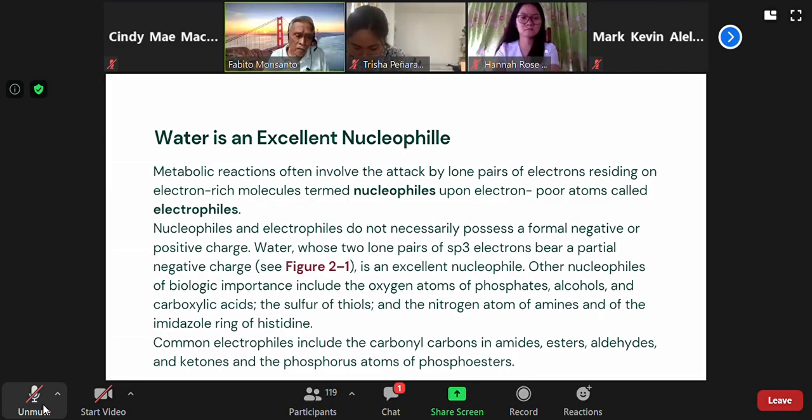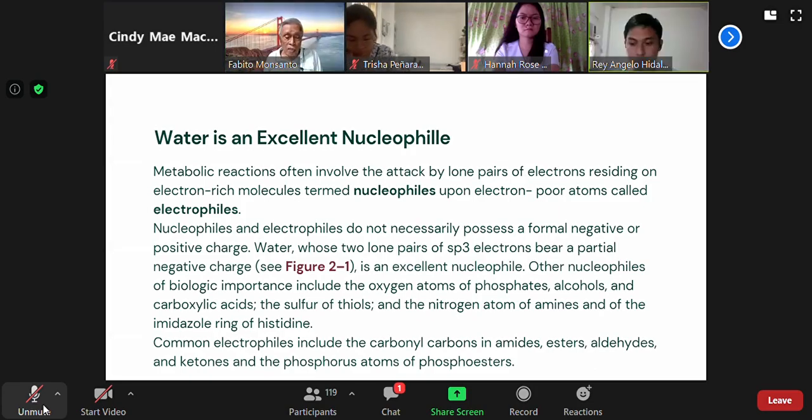Other nucleophiles of biologic importance include oxygen atoms of the phosphates, alcohols, and carboxylic acids, the sulfur of thiols or SH group, the nitrogen atom of amines, and the imidazole ring of histidine.